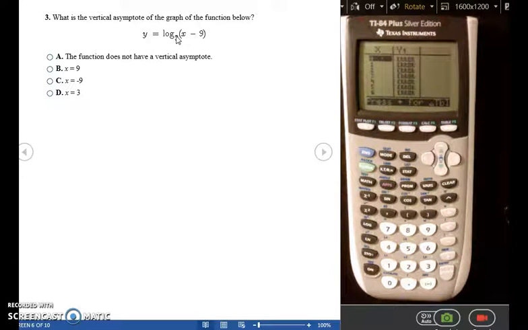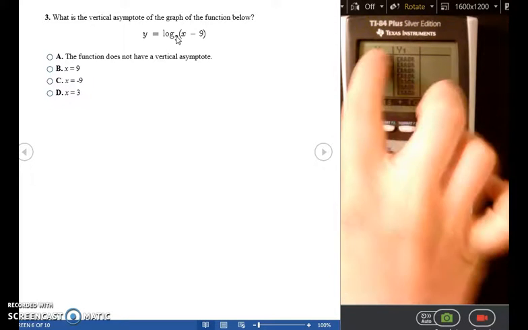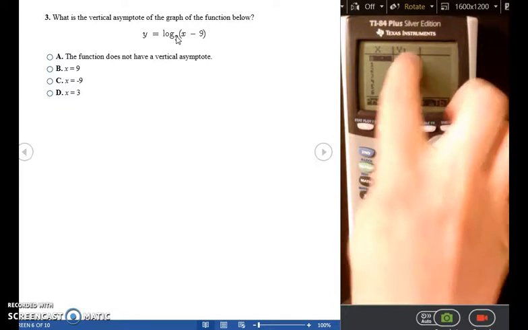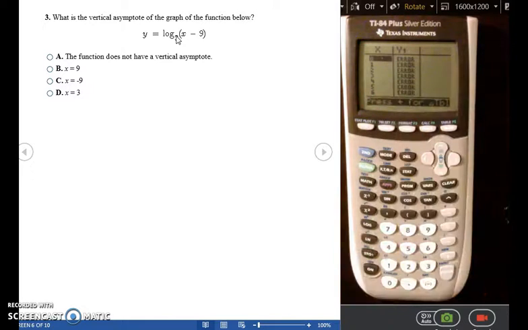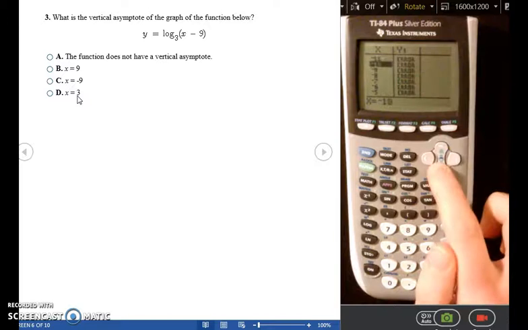And so I'm looking for where it stops saying error, because this is telling me that this is below the asymptote. This is where the graph does not exist. And so I'm going to look at 9, -9, and 3. So if I go down to -9, it's still error before and after.